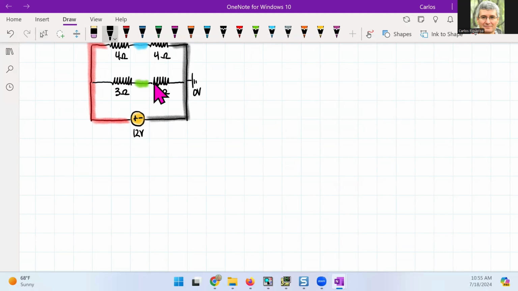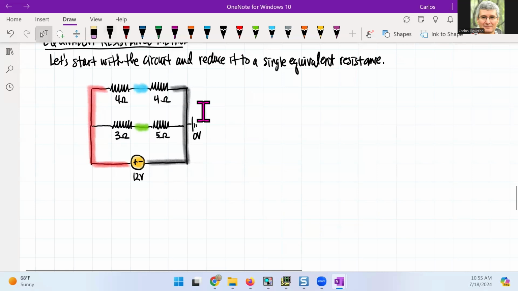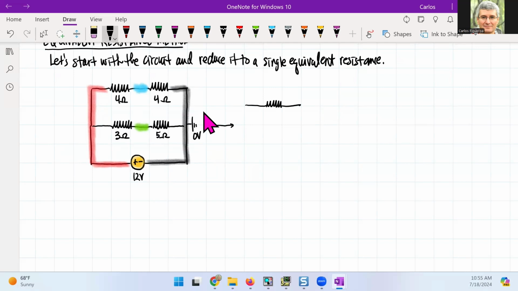I'm going to see that the first branch tells me that I can replace this circuit with the single resistor that reads as 4 plus 4, which will give me 8 ohms. And then this guy is going to give me another resistor with 3 plus 5, which is 8 ohms. And then I have my source right here.